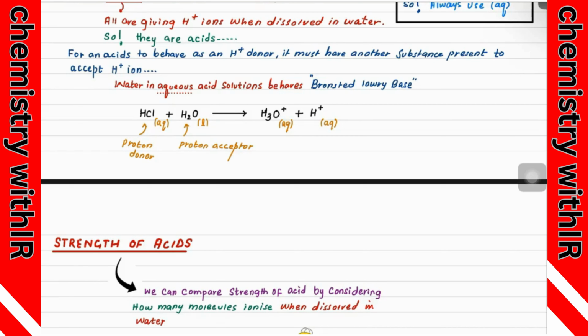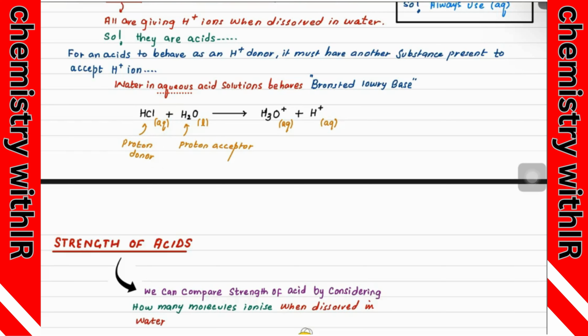It has accepted one more proton. So this is a proton acceptor. It's not an acid. Acid always donates proton. HCl has donated its proton to this one, so HCl is acting as an acid. That's the characteristic of any acid.